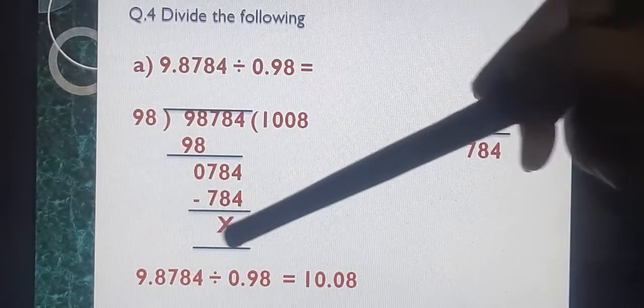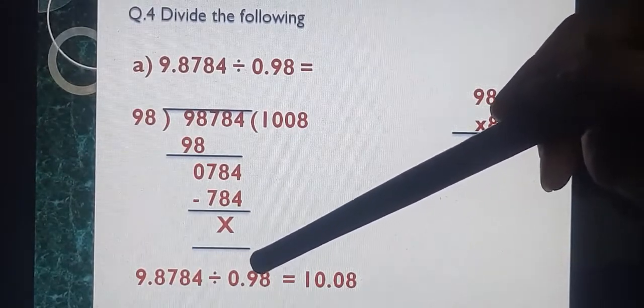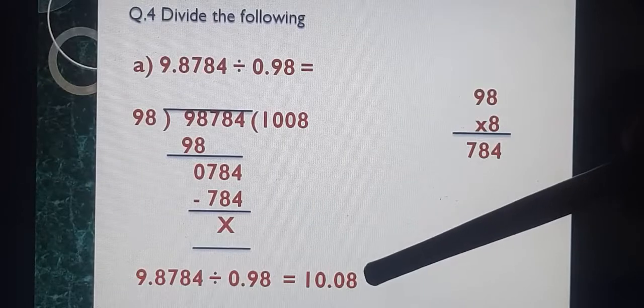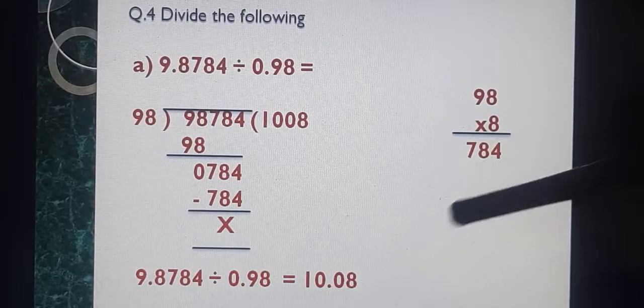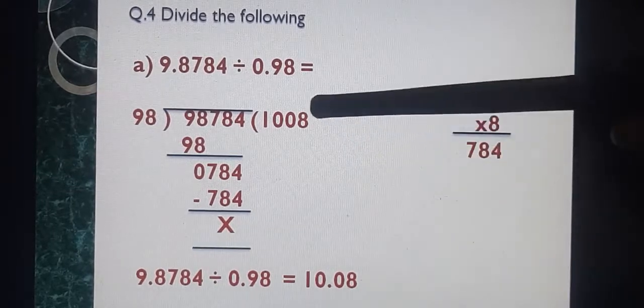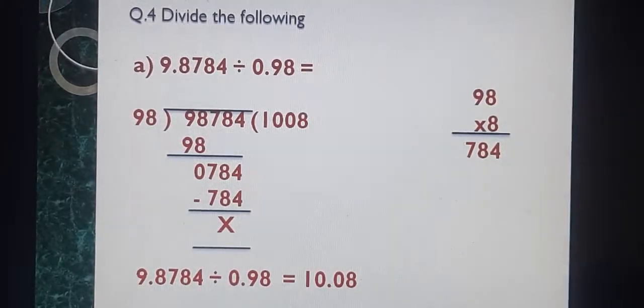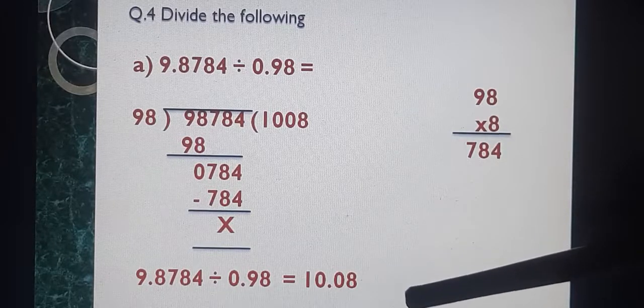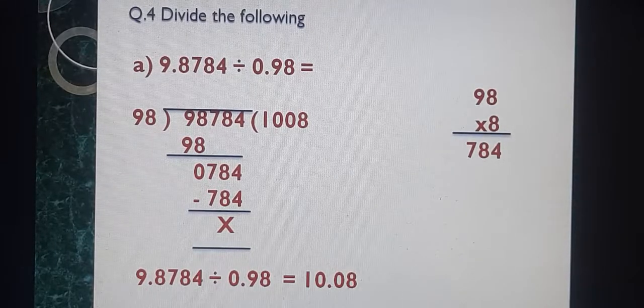So 4 minus 2 is equal to 2. So in our answer there should be 2 digits after decimal. Understood? So we will count from ones place, ones, tens, and then we will put decimal. Our answer will become 10.08. Understood?